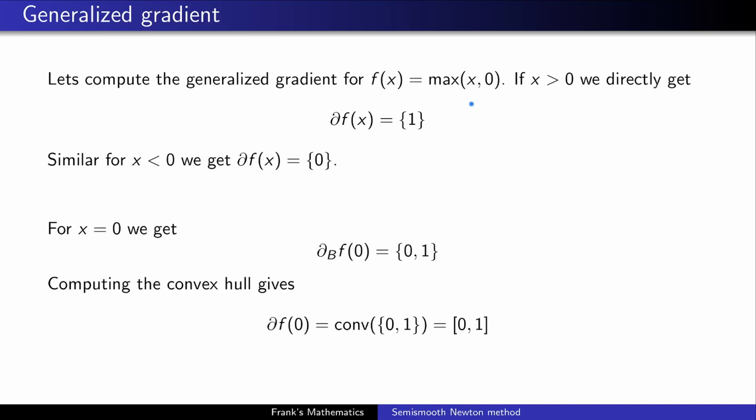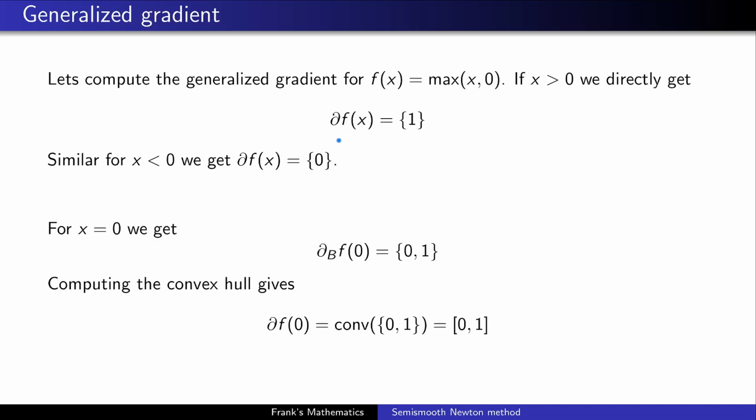Again, we take a look at our maximum function. If x is greater than 0, we directly get that the B subdifferential contains only the point 1, because it is differentiable, so all possible limits are 1.